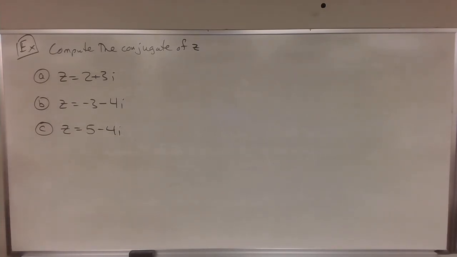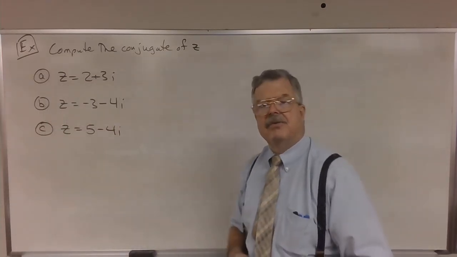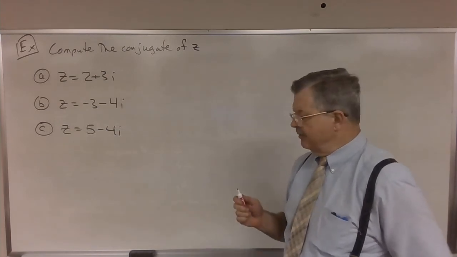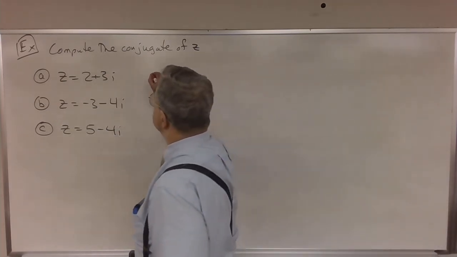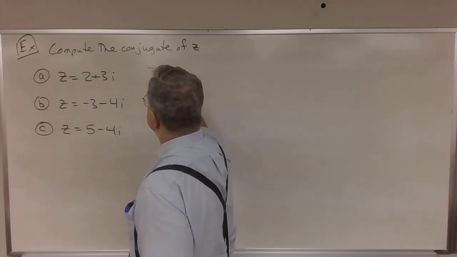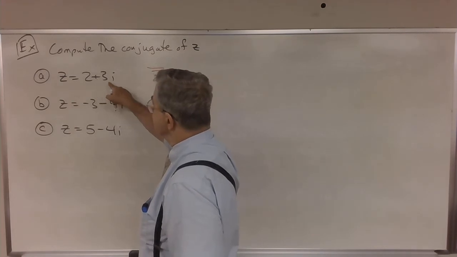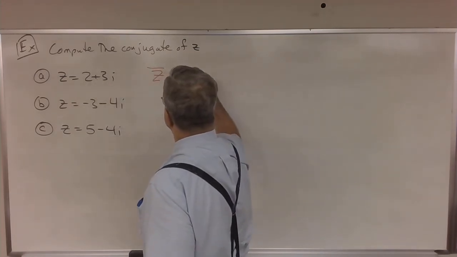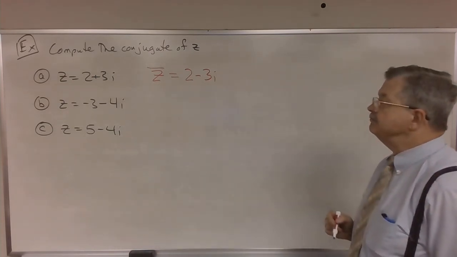Okay. In each case, we just want to compute the complex conjugate of each number. So, z conjugate is 2 minus 3i. We just changed the sign of the imaginary part.